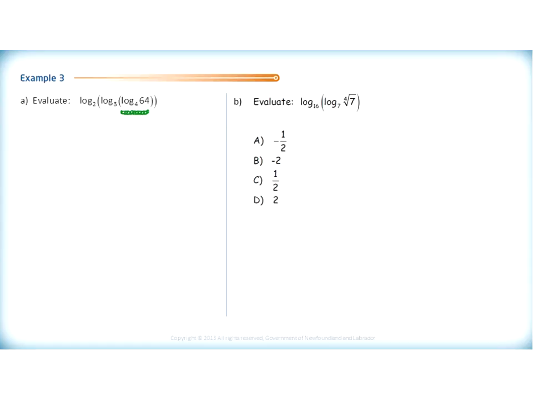So if we rewrite the number 64 with a base of 4, the answer will just correspond to the exponent. So let's do that. That will equal the log base 2 of the log base 3, and 64 will be written as 4 raised to the power of 3 with a base of 4.